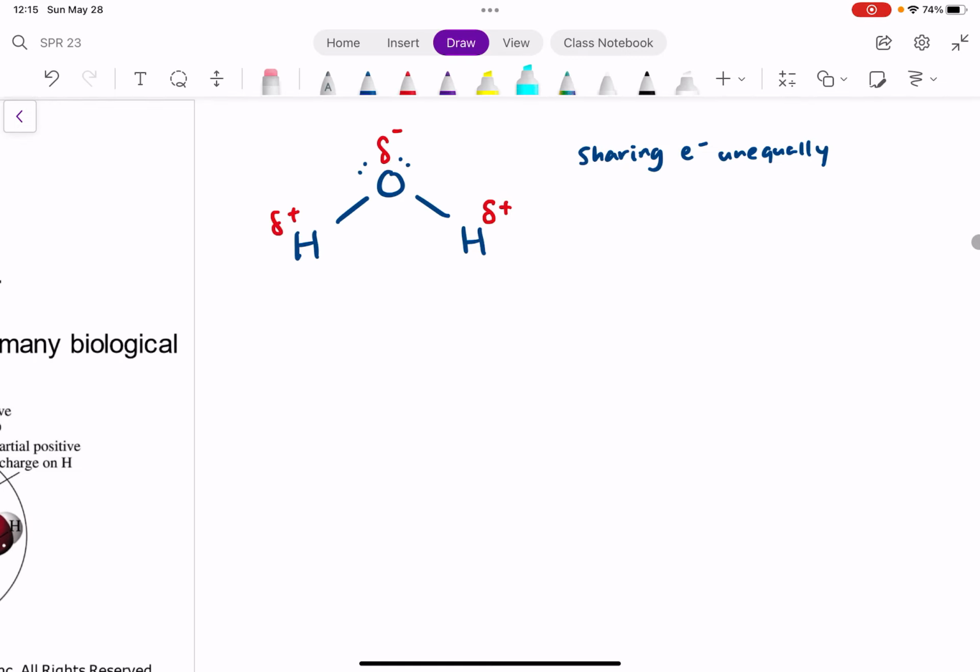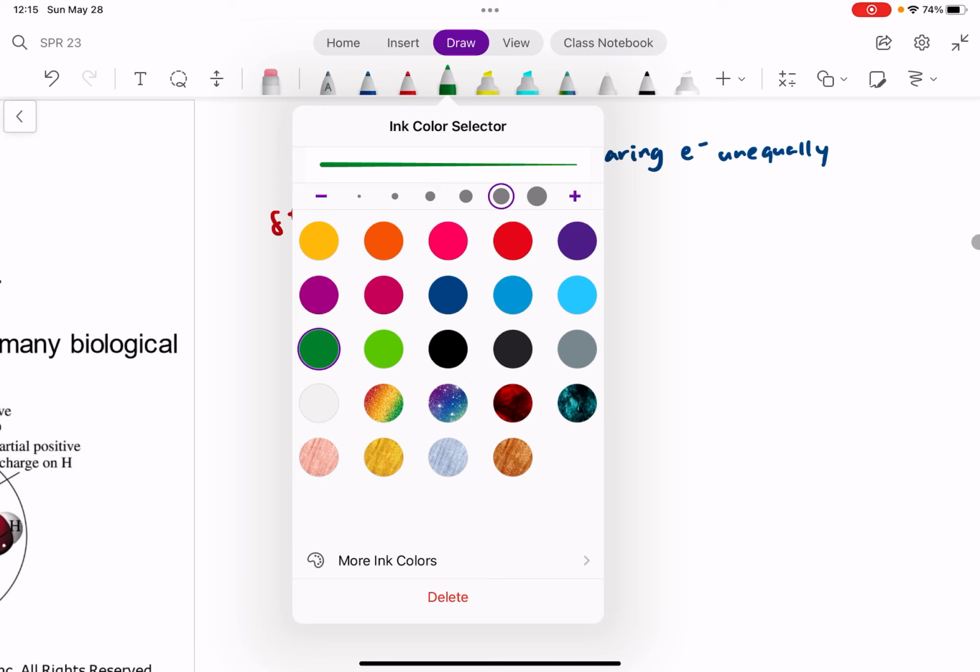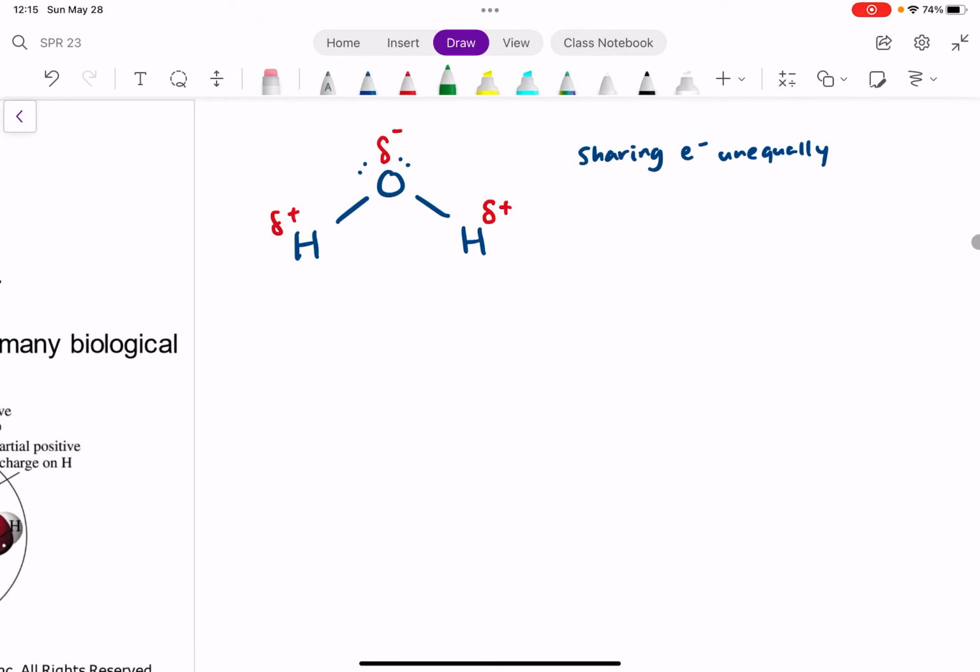So now when we're looking at this molecule as a whole, well, actually rewind for just a second. So remember, we also said that you can now draw dipole arrows. And dipole arrows basically show you which side of the bond is partial positive and which is negative. And you'll draw them with the positive side, this is the positive side with that little plus, and then the other side is going towards the negative side.